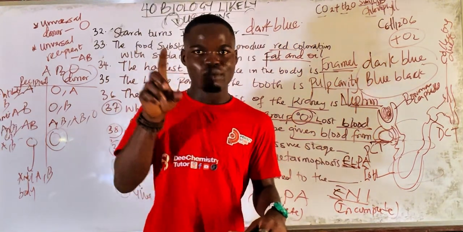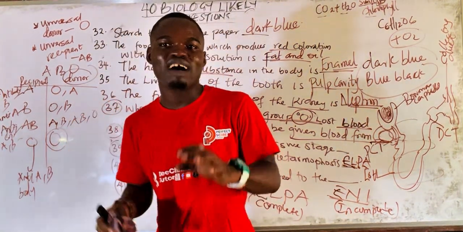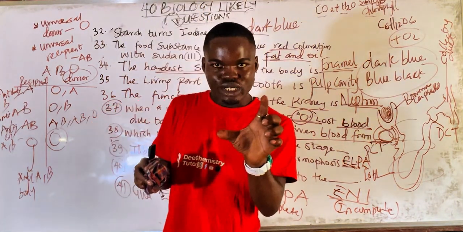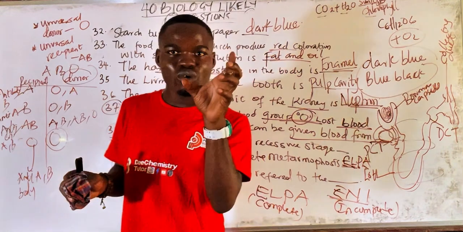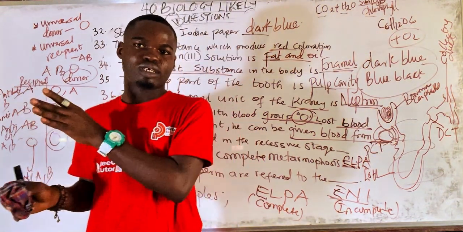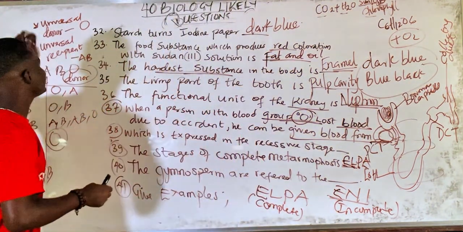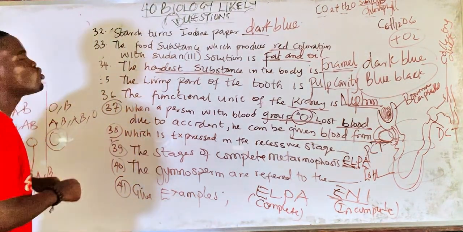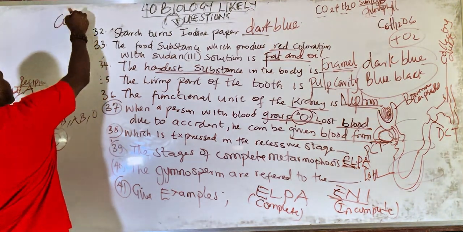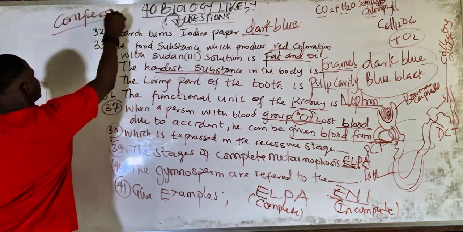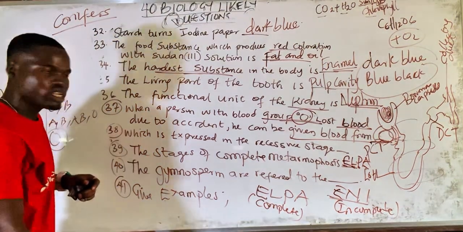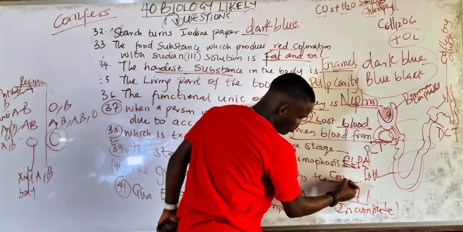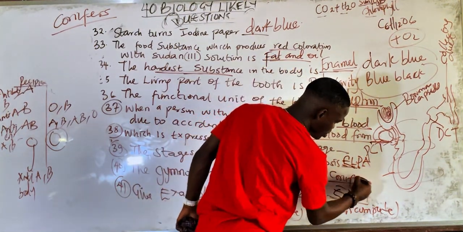Those that bear their seeds on a cone are called gymnosperms. That is why we call them conifers. Cone, conifers. So gymnosperms are referred to as conifers.